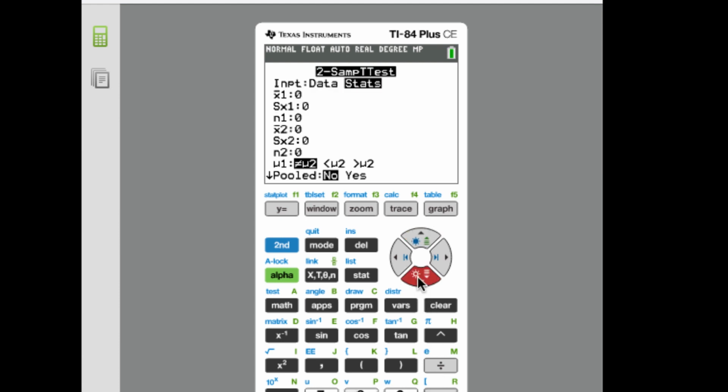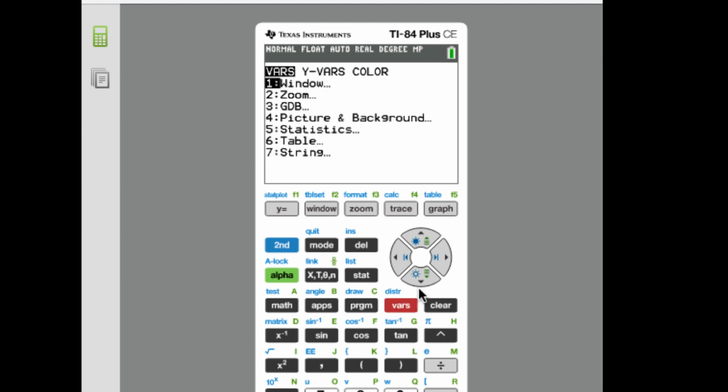What's the first sample mean? 7.2. What's the first standard deviation? 1.8. Sample size. Second sample mean, 7.5. I guess I hit something wrong.